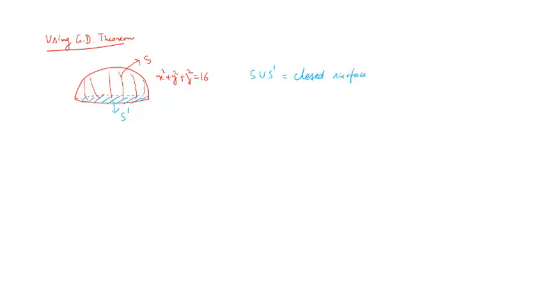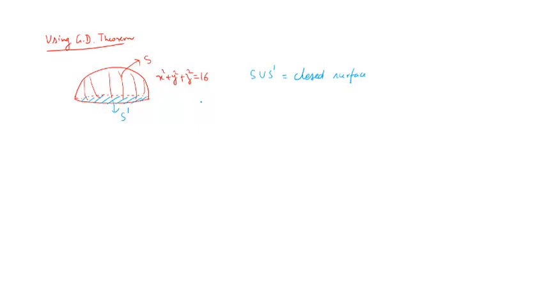You can see that S dash is a plane surface. Actually it is the part of the circle x square plus y square is equal to 16, lying in the xy plane, and S union S dash is a closed surface.